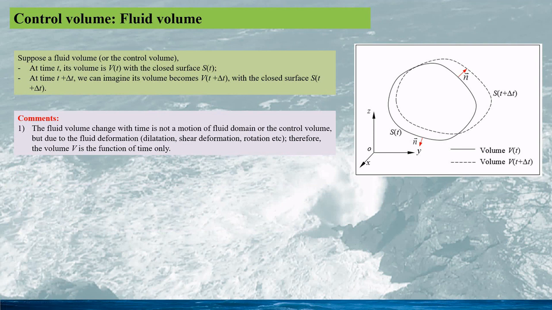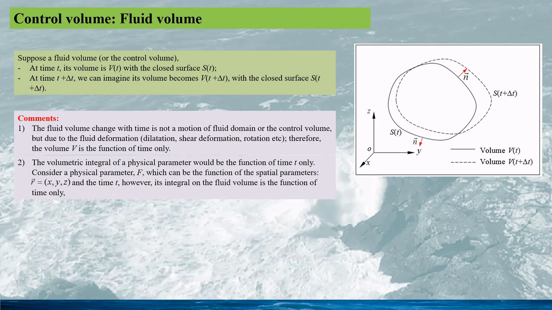Here we must note the fluid volume change with time is not the motion of the fluid domain or the control volume. Principally, the control volume would be fixed in the space, but due to the fluid deformation, the fluid volume can be changed. So, the volume V would be a function of the time only.